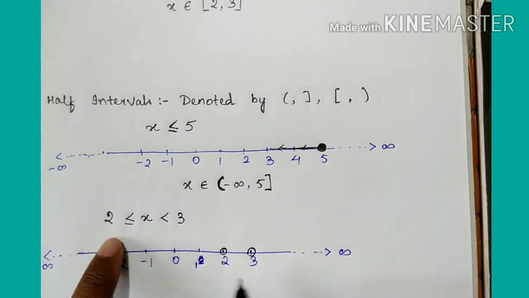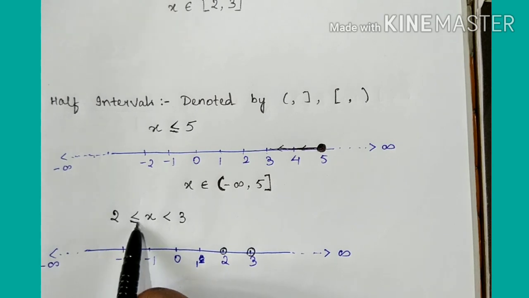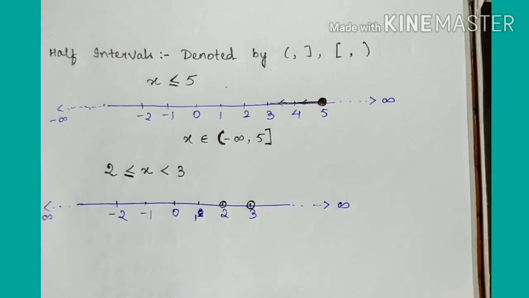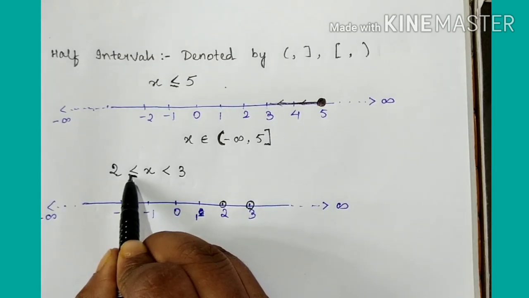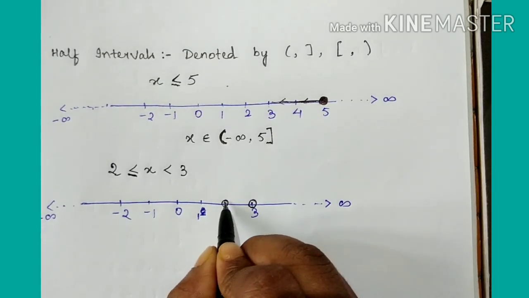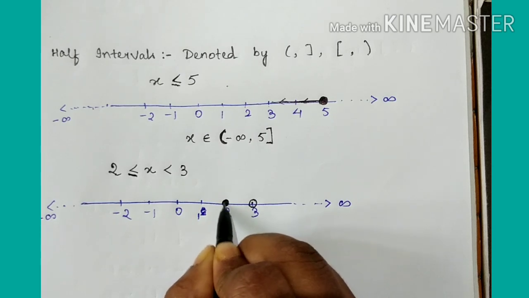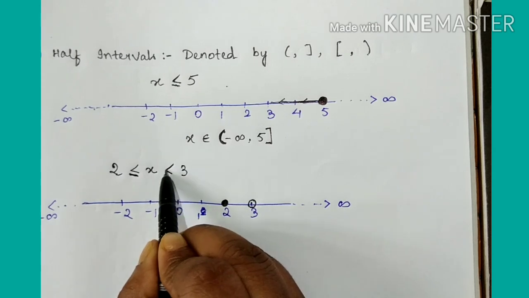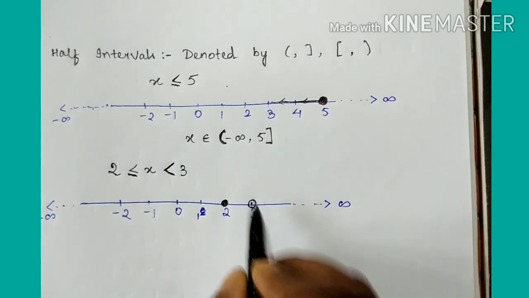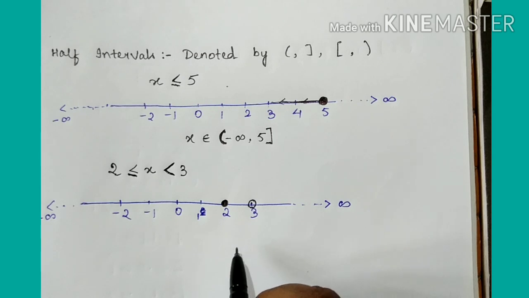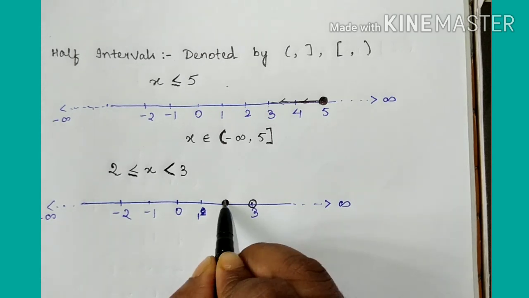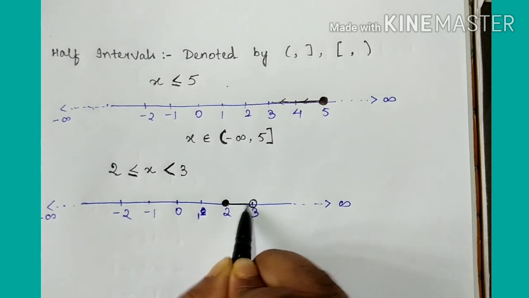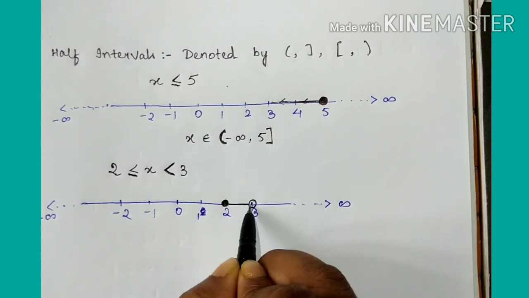See friends, here the equality sign is given for 2. Since the equality sign is given, we darken the point 2 on the number line. But for 3 there is strictly less than symbol, so it will remain as it is. We will not darken the point 3. That is, our solution set consists of all the numbers lying between 2 and 3, including the point 2 but excluding the point 3.